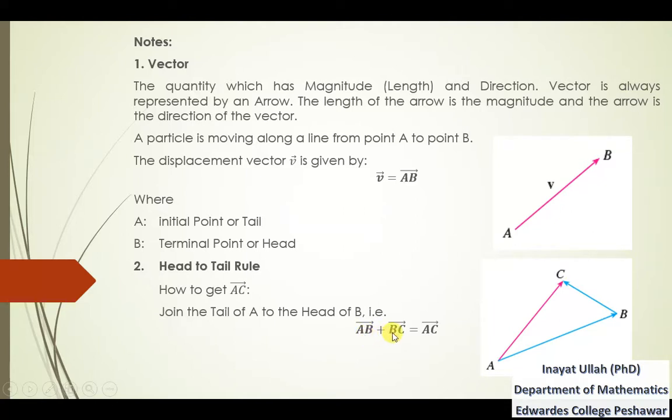And if this figure is not given to you, then still you can use the head to tail rule by considering this sum. We see here that B is repeating, so dropping B you get the AC vector. So that is actually the head to tail rule.